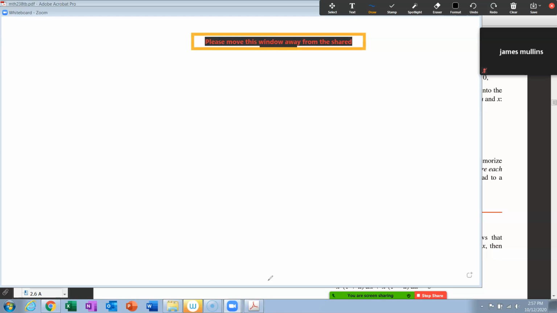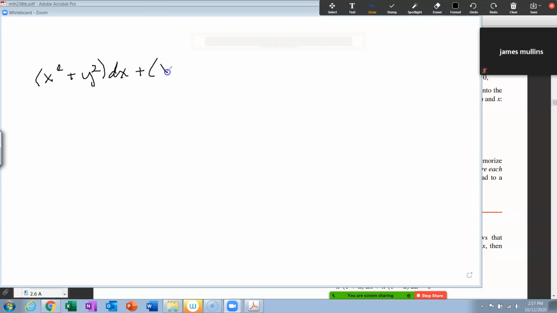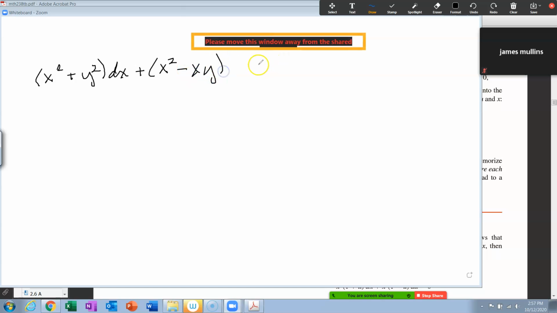Okay, here's example 1. x squared plus y squared dx plus x squared minus xy dy is equal to 0.